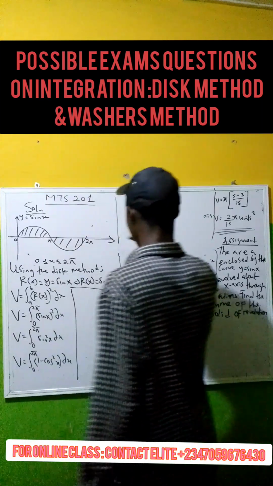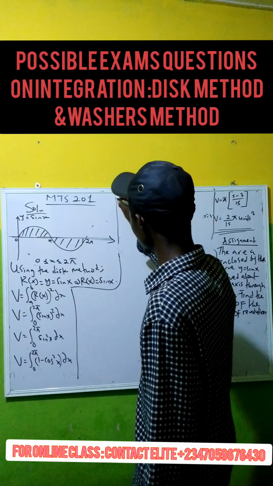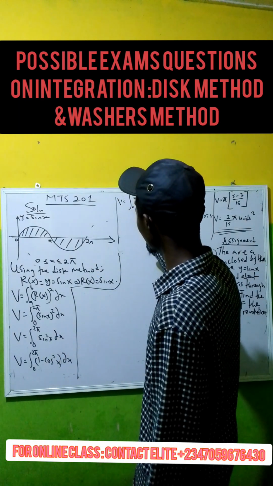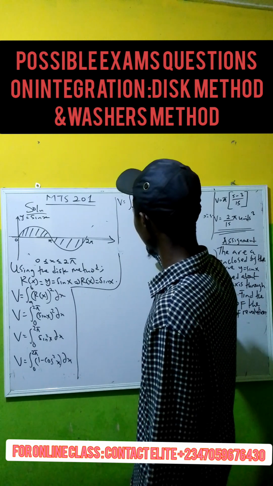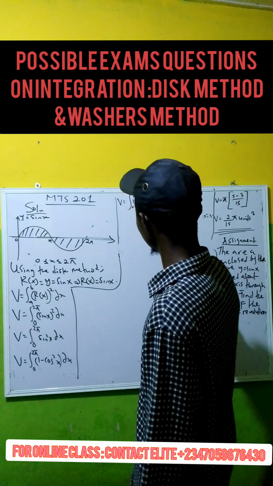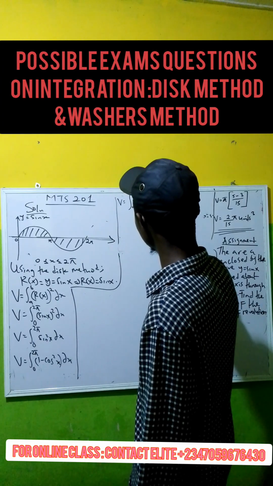So we can have that V is equal to, we are going to expand this integral, the integral from 0 to 2 pi of 1 dx minus the integral from 0 to 2 pi of cos square x dx.